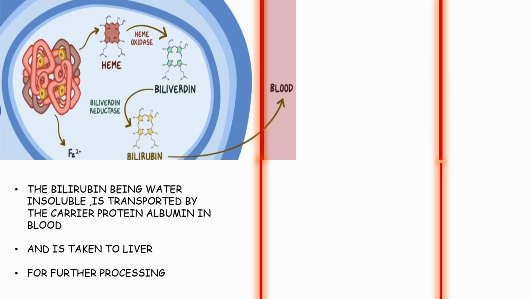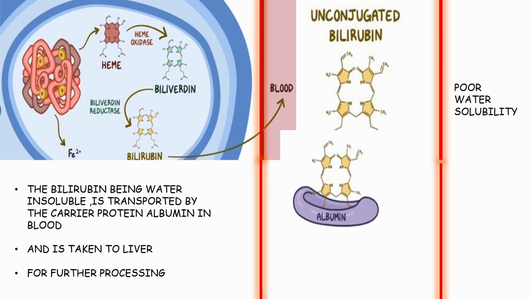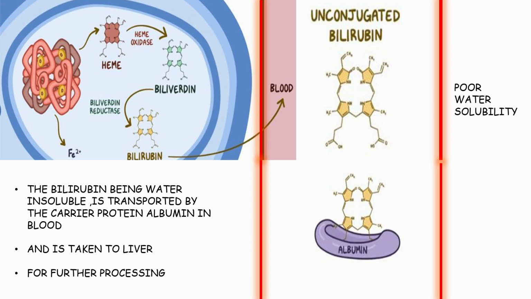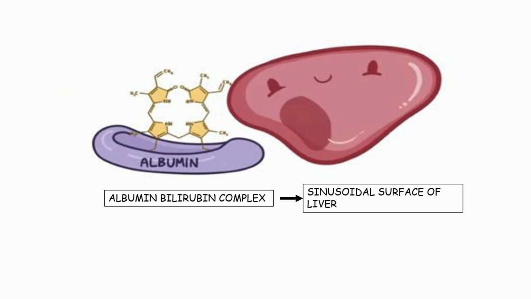This bilirubin needs to be transported to the liver for further processing, but being water insoluble, it needs a carrier protein for its transportation in the blood, and this is done by albumin. The albumin-bilirubin complex is carried via blood and reaches the sinusoidal surface of the liver.